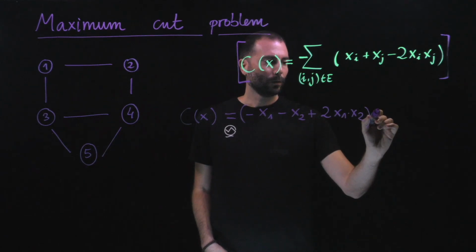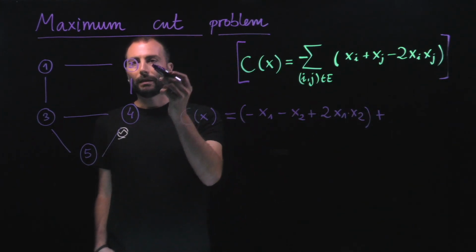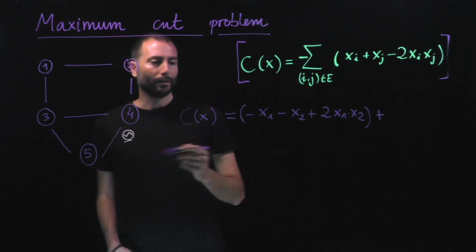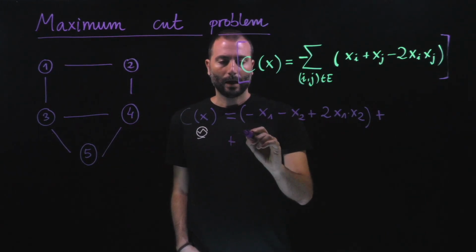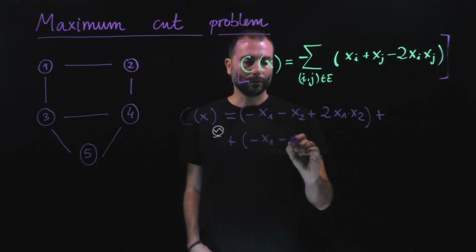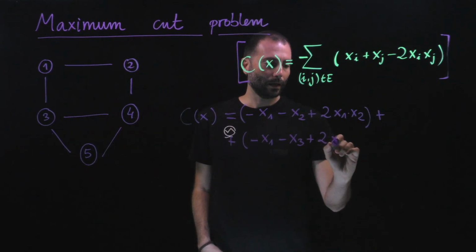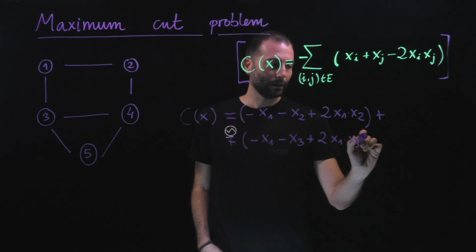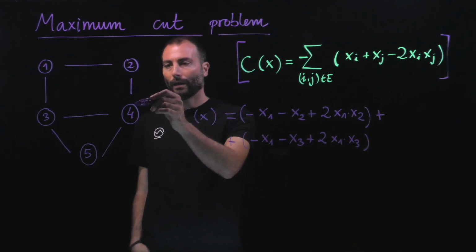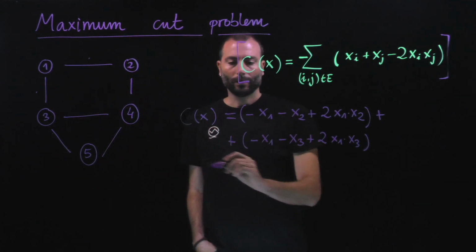Okay, then we go to another edge. For instance, I know the edge 1-3, and then we would add another term that would be minus x1 minus x3 plus twice x1 times x3. Okay, and then we do another edge.